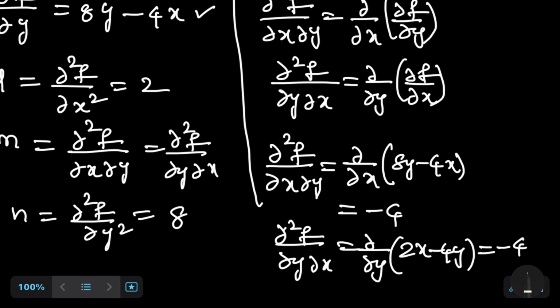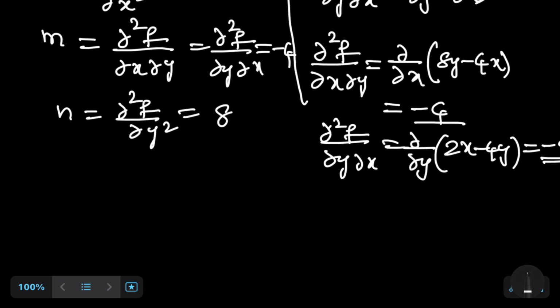So m is equal to −4. ∂²f/∂x∂y is −4 and ∂²f/∂y∂x is also −4. The double derivative with respect to x is L, with respect to xy is m, and with respect to y is n.